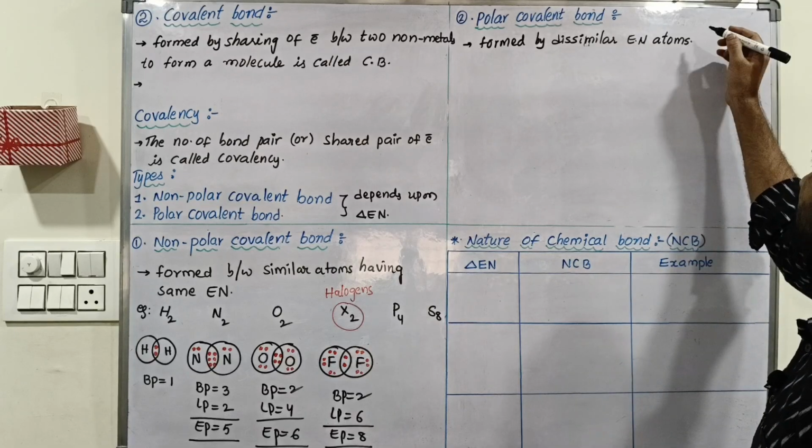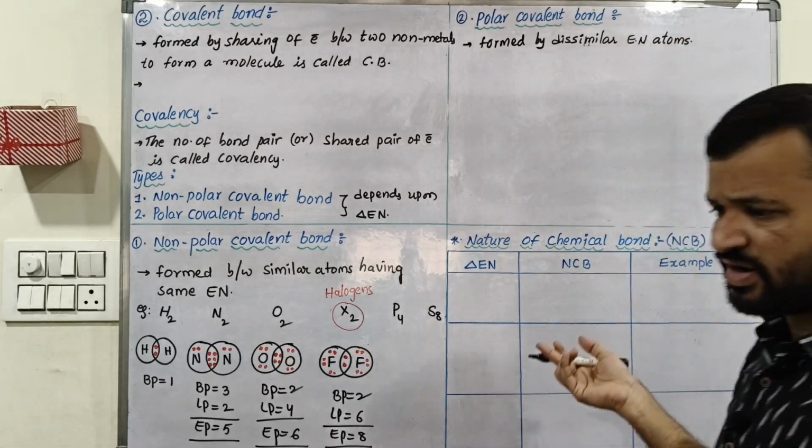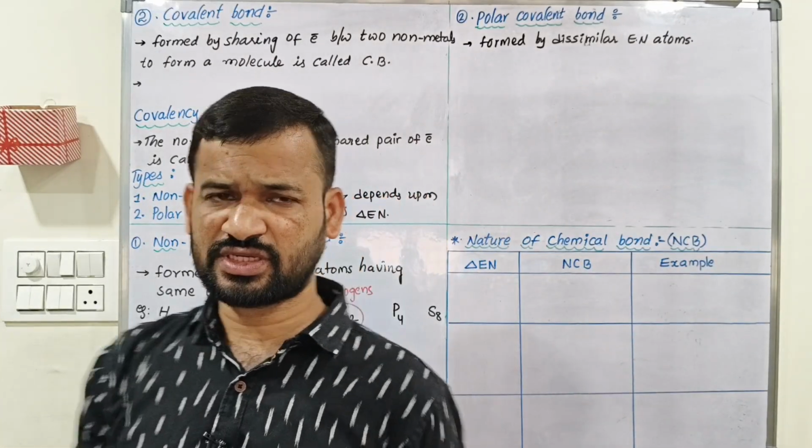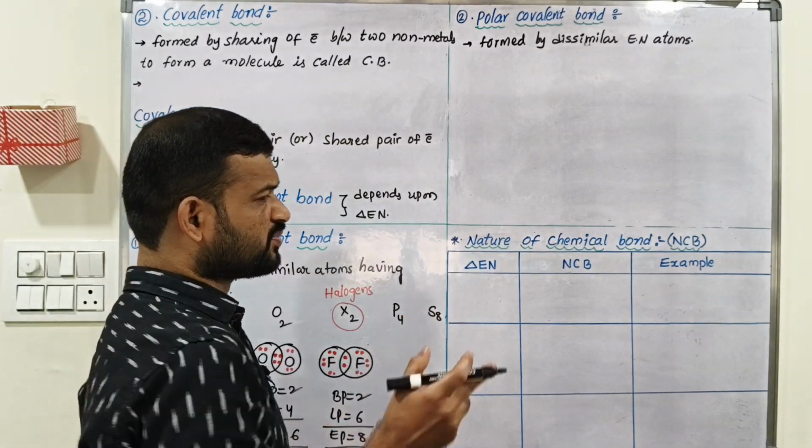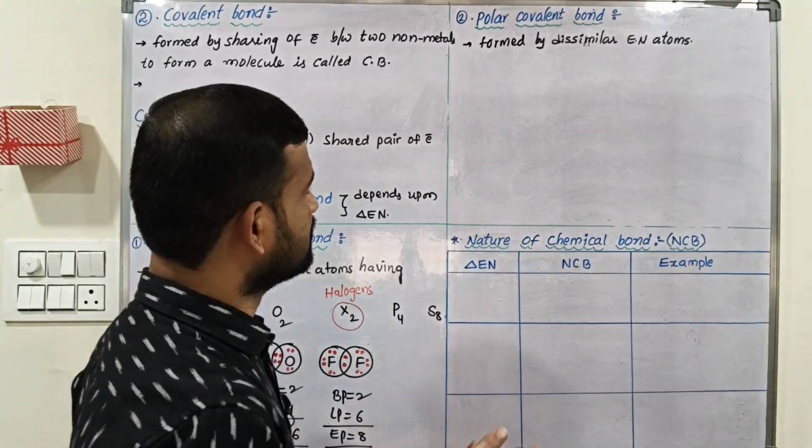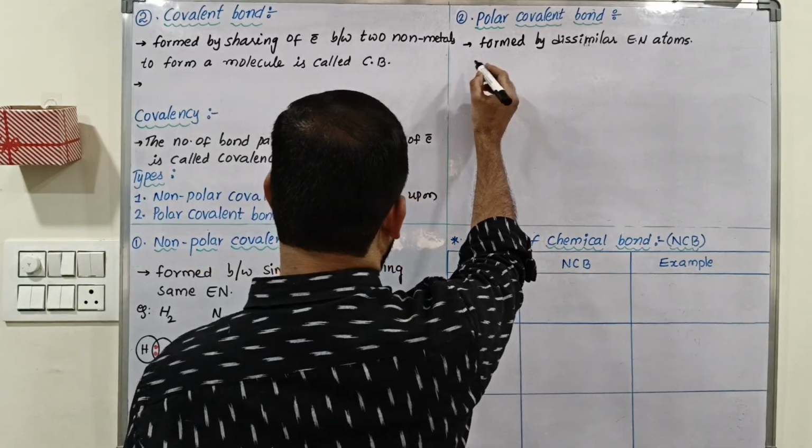Understand? Having different electronegativity. So here these are made up of different atoms. Understand?